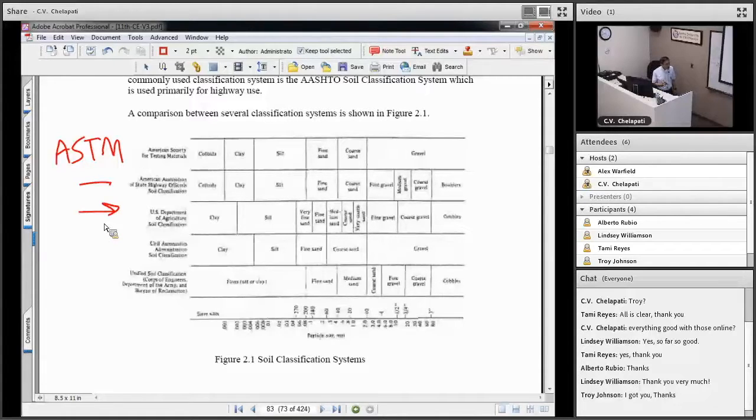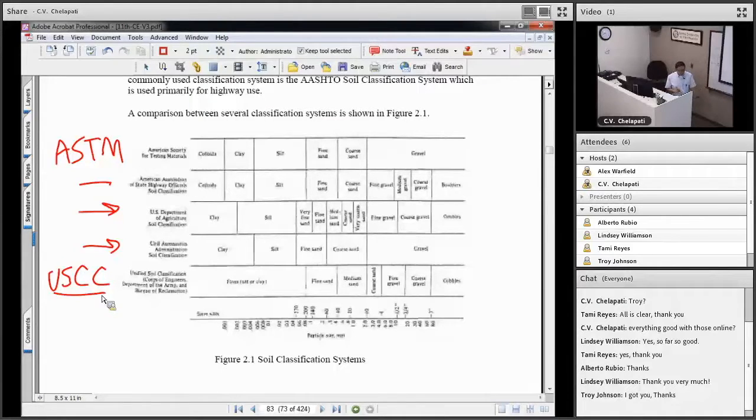The next one here is the U.S. Department of Agriculture. That's not particularly useful for us for engineering purposes. There's the Civil Aeronautics Administration, generally also not used by engineers. And then the last one here is the Unified Soil Classification System, which was originally developed by the Army Corps of Engineers, and actually is still the underlying basis of the ASTM.